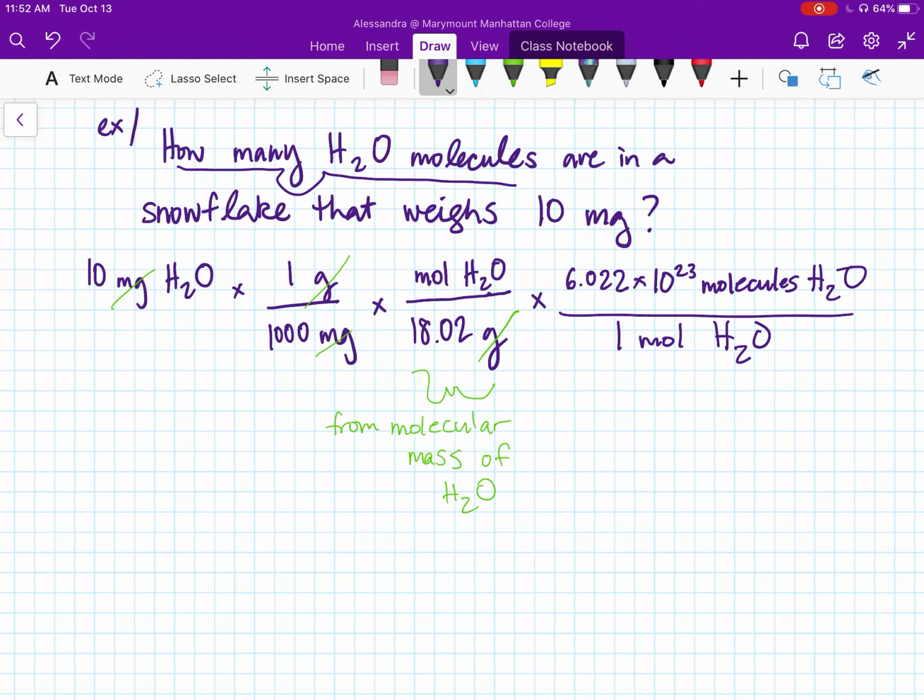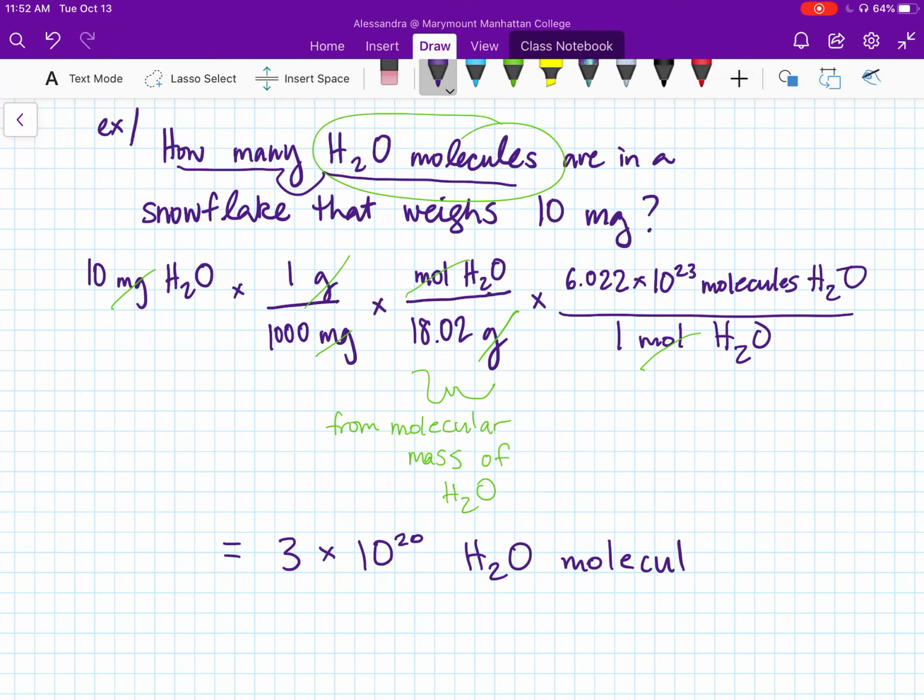So 1 mole of water is going to contain Avogadro's number of water molecules. And setting it up this way enables me to cancel the moles, so I'm left with what I want, which is the water molecules in the numerator here. So if you just multiply those numbers together, you should get a value of, just using 1 sig fig, 3 times 10 to the 20th water molecules.